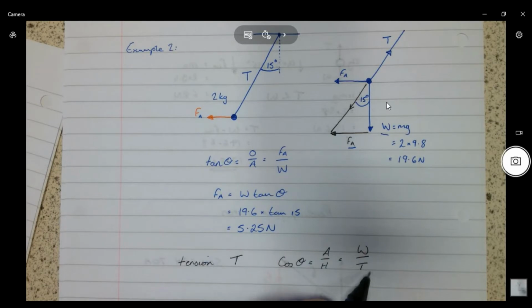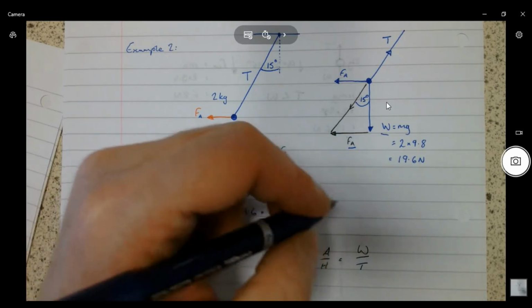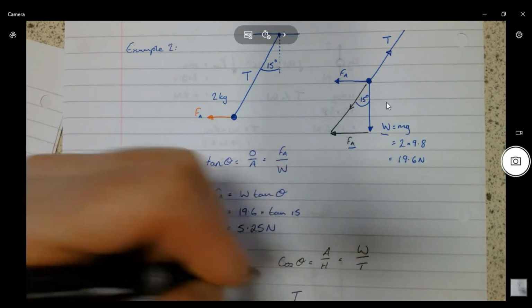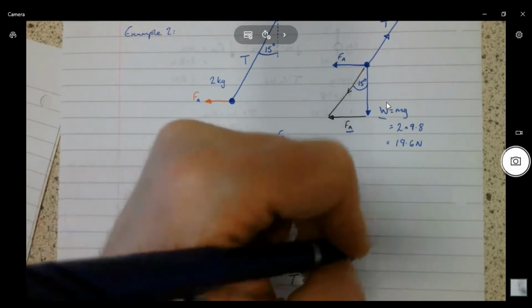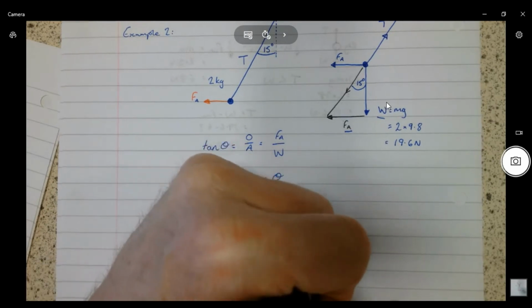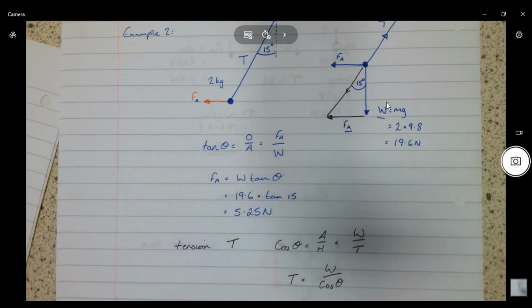To calculate tension, we're going to have weight divided by cos theta.